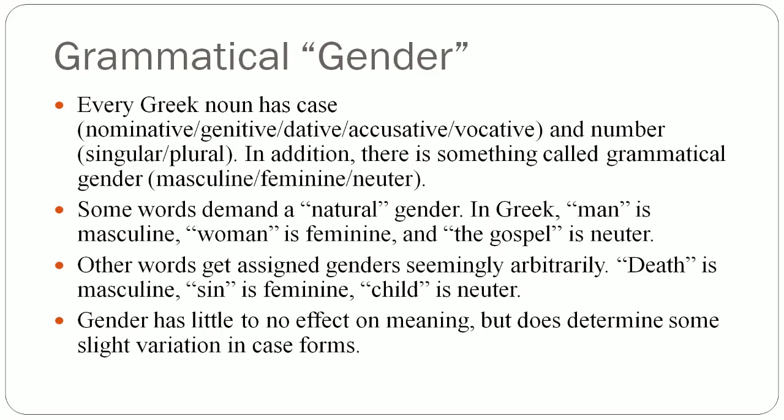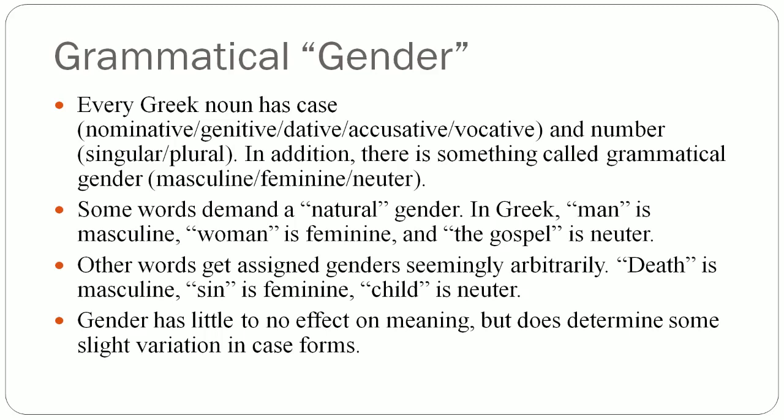You could think men get into more fist fights, and men typically have been fighting in wars, so sure, death is masculine. Sin, if you think about the Bible story, the first sin among humans anyway was Eve being tempted and then eating the fruit in the garden. So maybe that makes some kind of sense. Sin is feminine, and child is neuter. That one doesn't really make any sense at all.